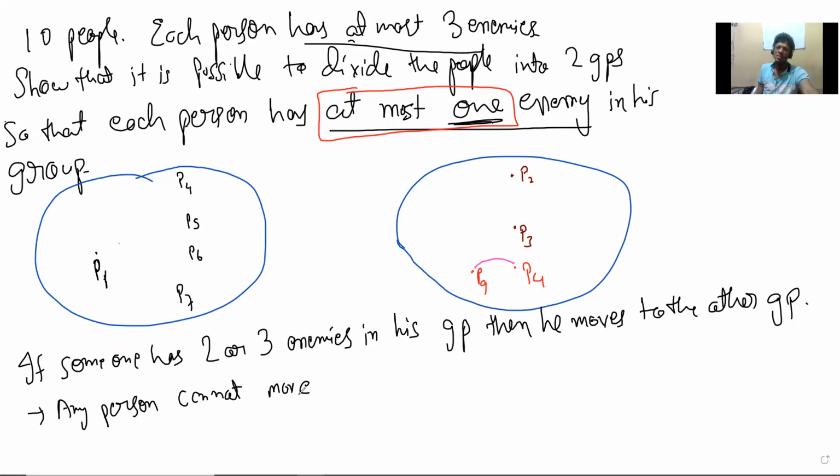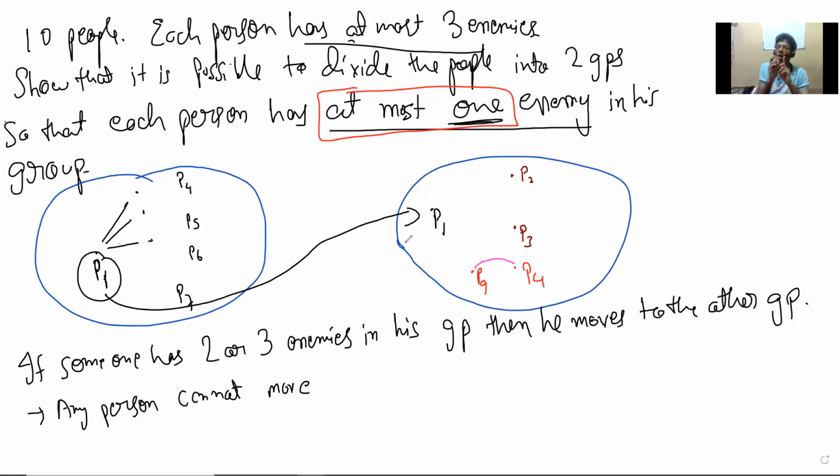Yes, that seems like a reasonable assumption. Does everybody agree with that argument? So what he's saying is that initially if someone had three enemies in his group, then you would have moved this person to the other group. Let's do the case where someone had three enemies in his group. Then you move this person here.